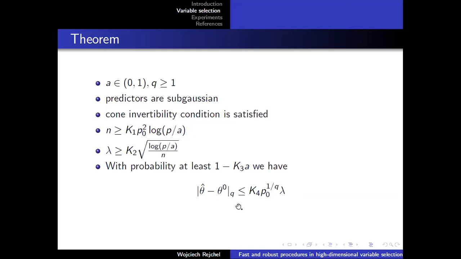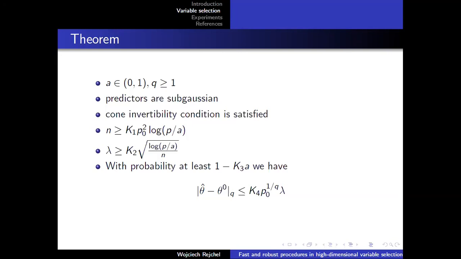So if you look at this result and you are quite familiar with Lasso estimators, then you can think that this is very similar to the standard Lasso estimators, but I think I have to stress that this is under no assumptions about the distribution of errors, and we do not need to know what the function g is. Okay, so this is the main difference with the standard results about Lasso estimators.